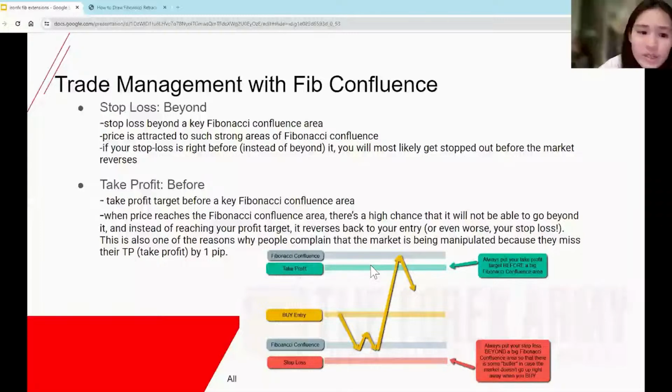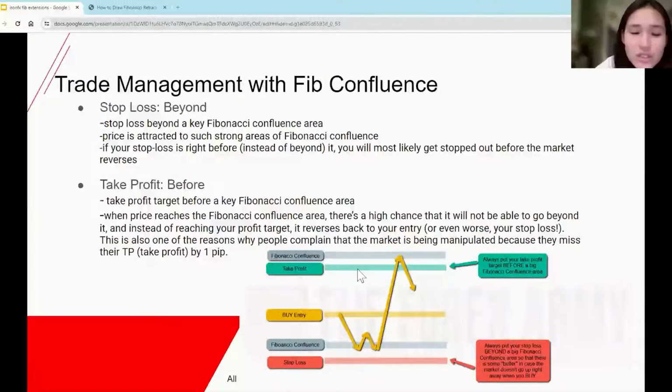Obviously these will be switched if you are looking at a sell entry. But basically the standard rule is that stop loss will be placed beyond a key Fibonacci confluence area and a take profit will be placed before it. So before means that you should place your take profit, in this case, below the confluence area.